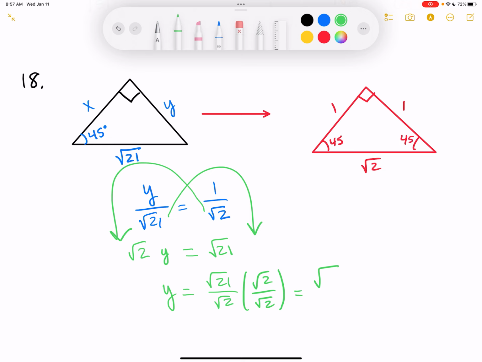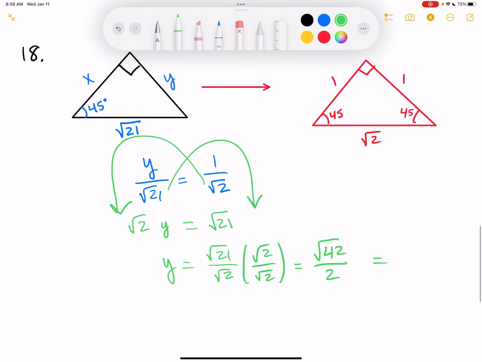So that's going to be the square root of 42 divided by 2. Now, because of what kind of triangle this is, what does that also mean about x? It's the same. So x and y are both equal to the square root of 42 over 2.